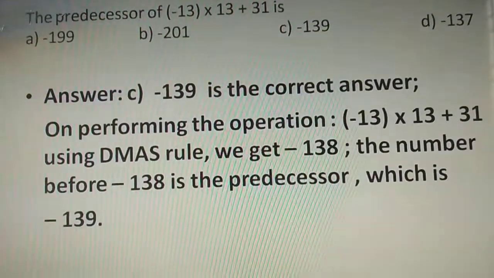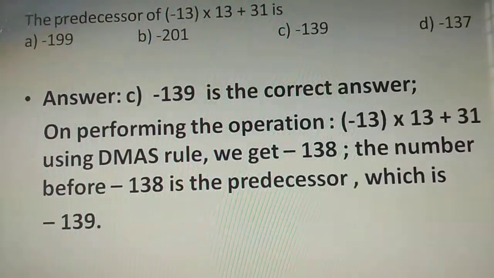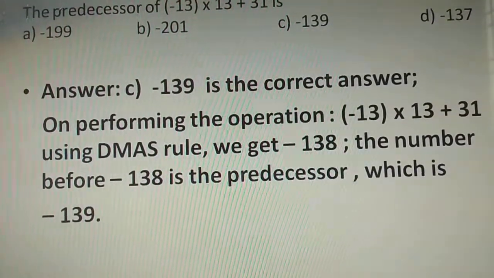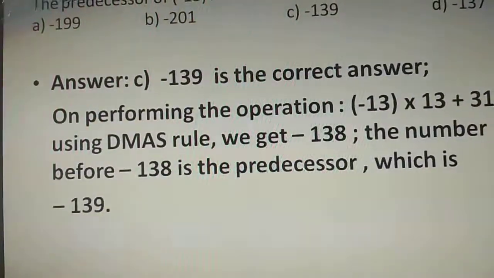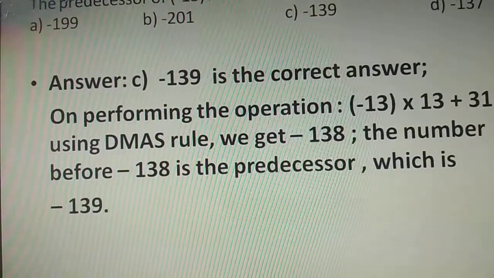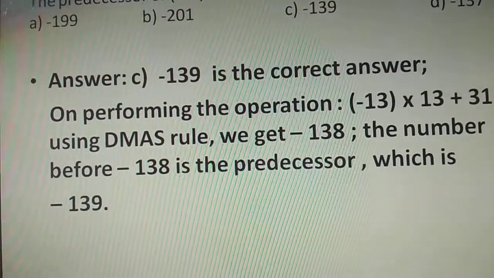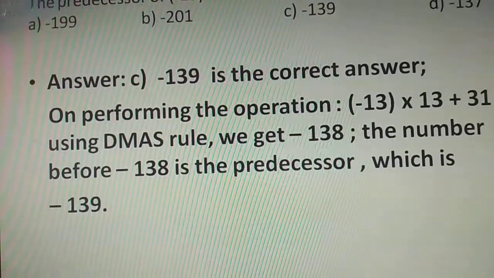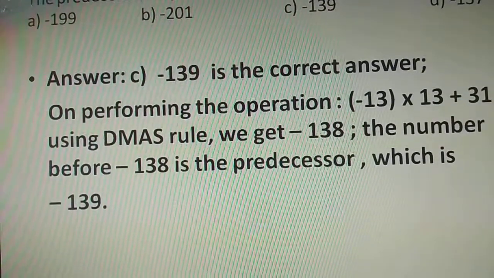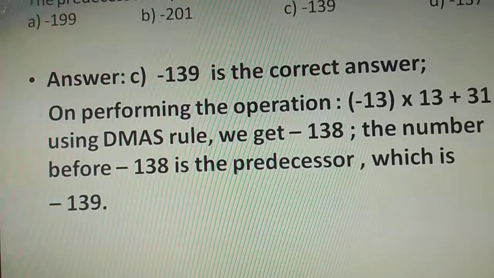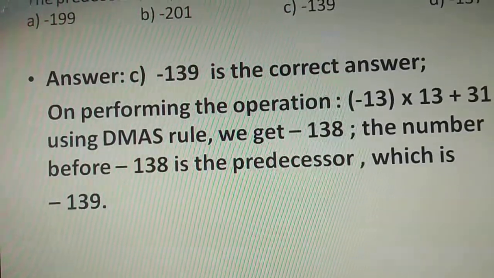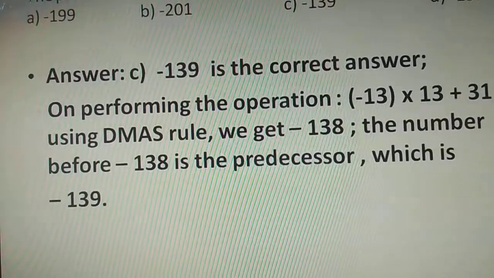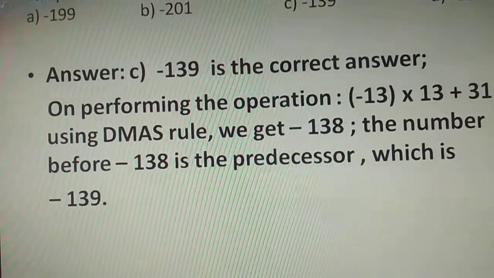On performing the operation, minus 13 into 13 plus 31, using the DMAS rule, of course, the minus 13 is within brackets, so take the minus sign into consideration. So minus 13 into 13 gives you minus 169 plus 31. We get minus 138.